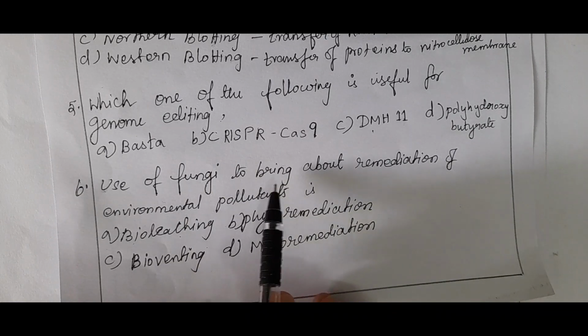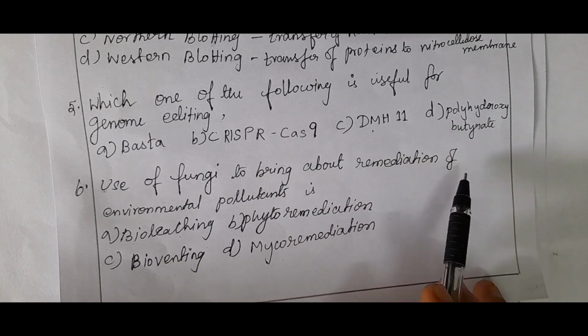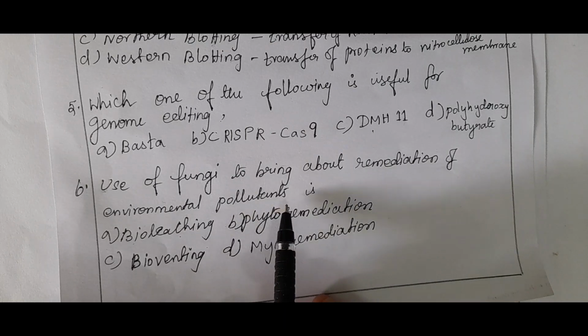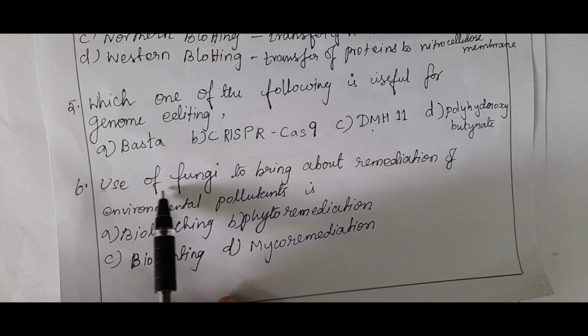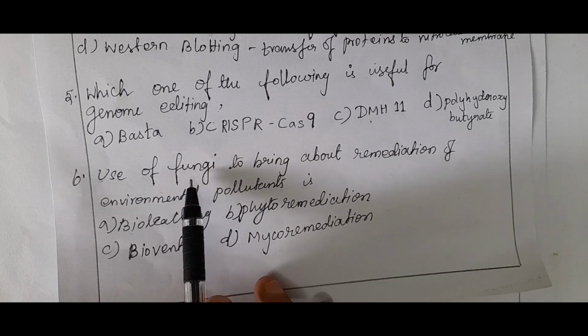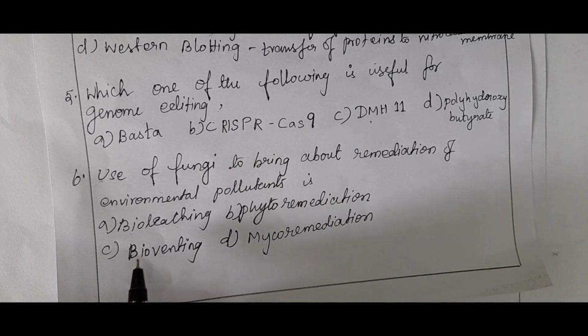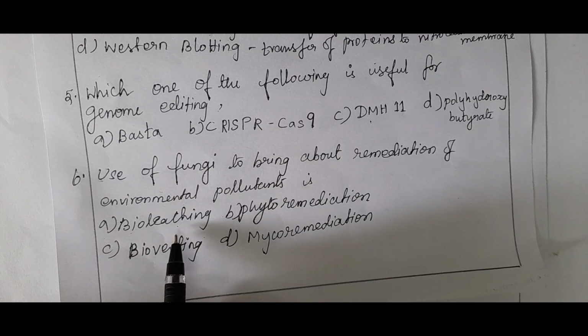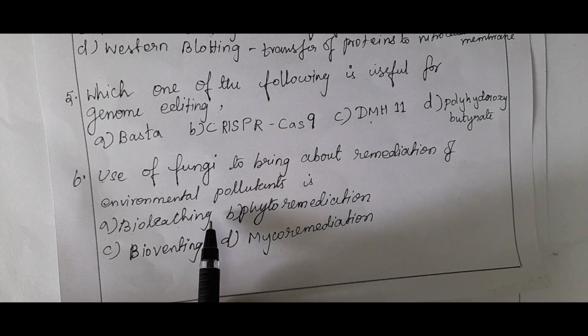Use of fungi to bring about remediation of environmental pollutants is use of fungi. See, the term fungi is very important. We will see all the options first. Bioleaching is given. Bioleaching means recovery of metals by the use of microorganisms.